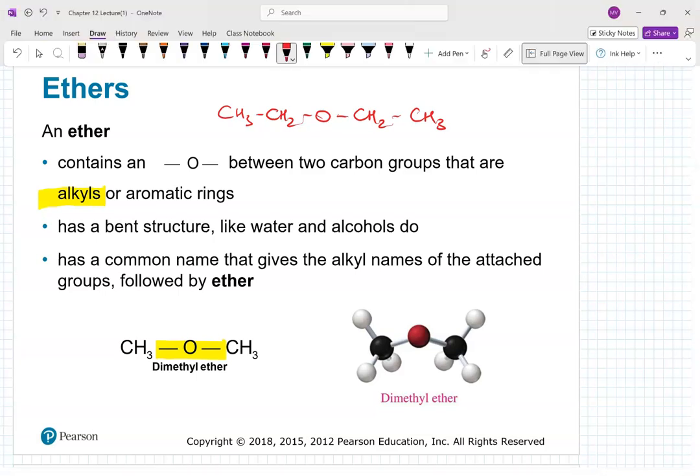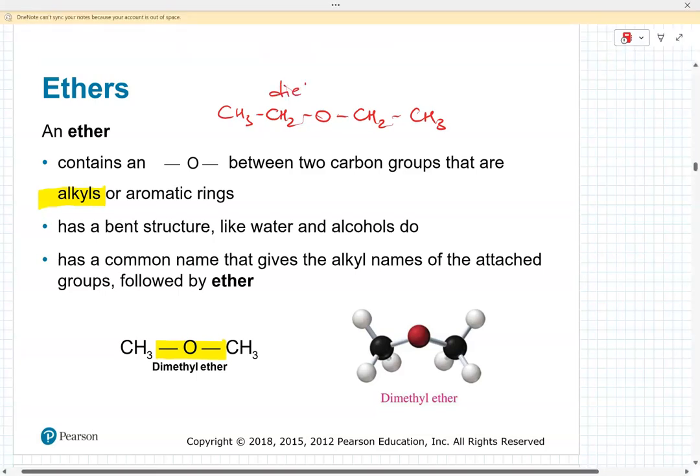Okay, so this will be diethyl ether. Does that make sense? Two ethyl groups.